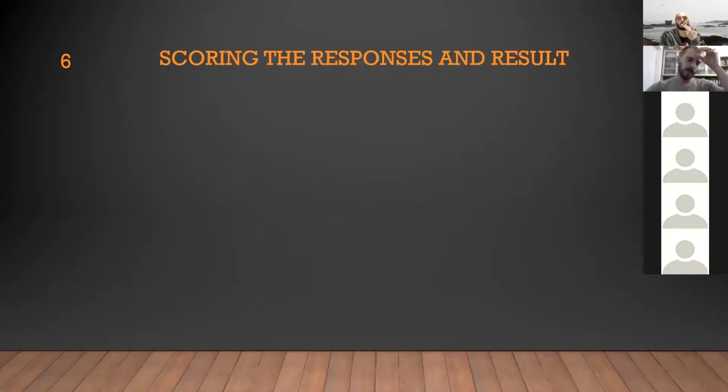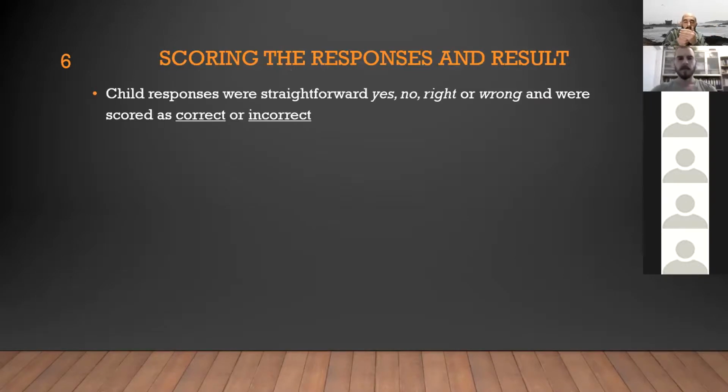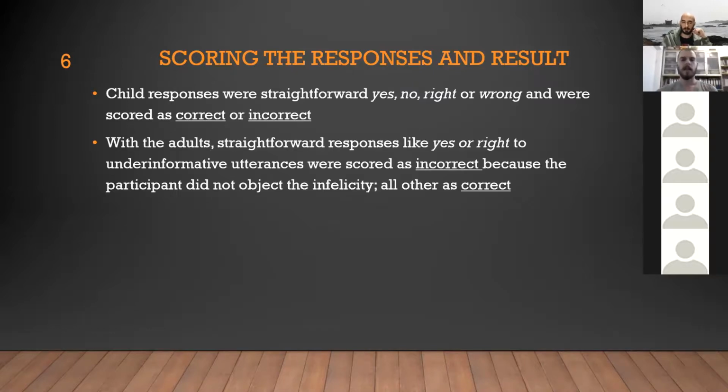So they were scoring the responses in a way that children's responses were straightforward, yes, no, right, wrong, and were just scored as correct or incorrect. But with the adults, it was a little bit different, because in the other experiments they mentioned, most of them were also scored with the binary system, just right, wrong.